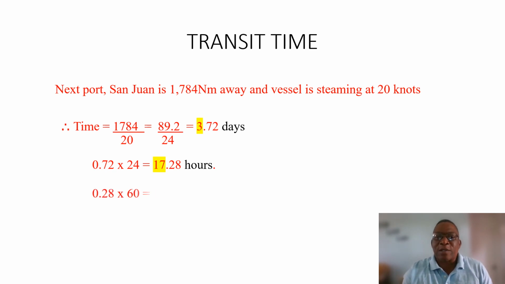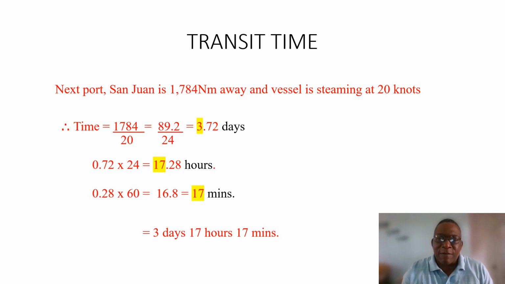The 0.28 hours we multiply by 60 and we get 16.8, which, since we're not going to seconds, we would round up to 17 minutes. Therefore, transit time would take 3 days, 17 hours, and 17 minutes.